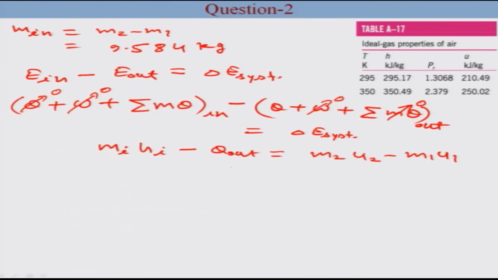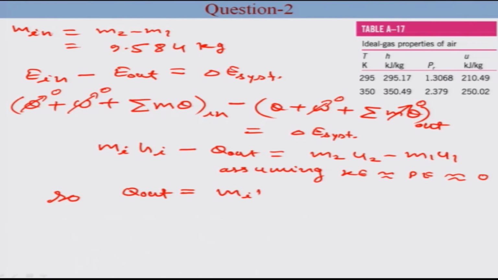Okay. Assuming here KE and PE to be 0. So, Q out will be mass coming in times enthalpy coming in minus M2 U2 plus M1 times U1.